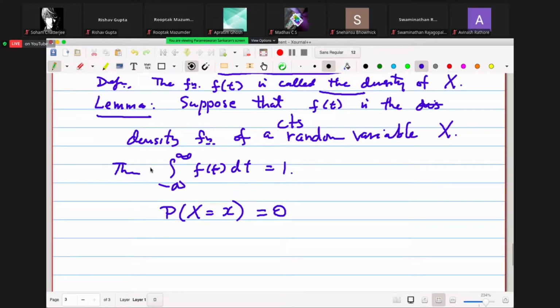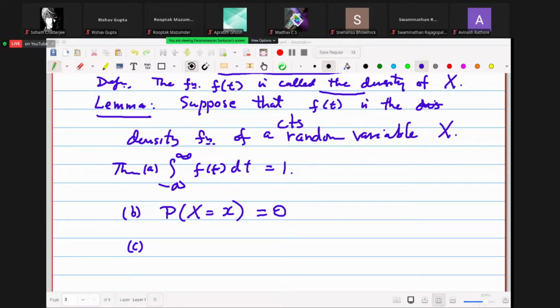So this is number 1 or A, B. I don't remember what C is, but probably something very simple. I just need to look at this. Just a minute. Okay, this is something I already wrote.